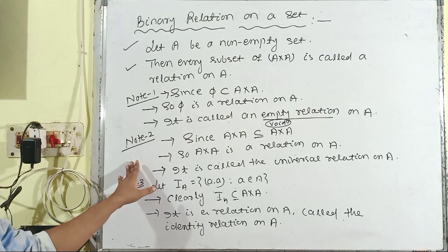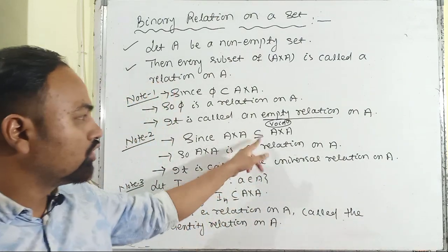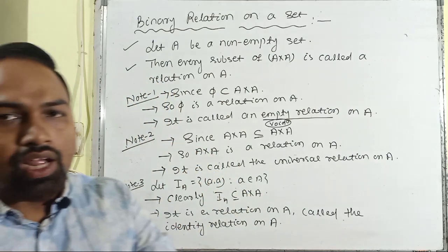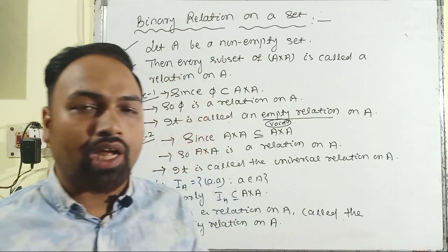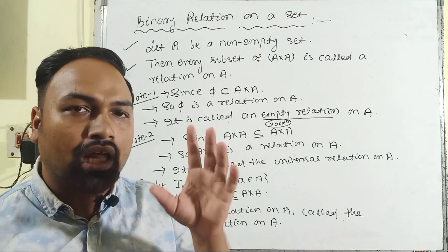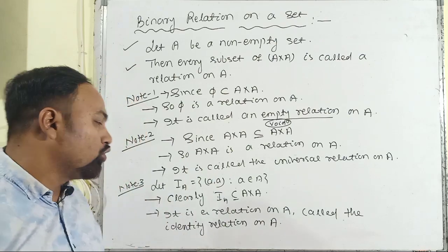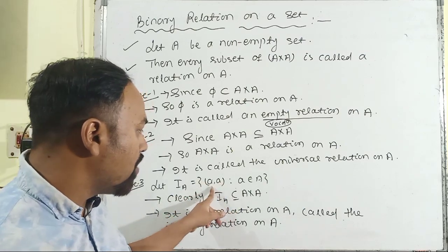Then in note number 2, since every set is a subset of itself, similarly A cross A is also a subset of itself. That means it is a relation on the set A, and this relation is called the universal relation, because we cannot find any bigger relation than A cross A, that means the Cartesian product of A with A. Then moving to the identity relation, we have to find all possible ordered pairs in the form (a, a).